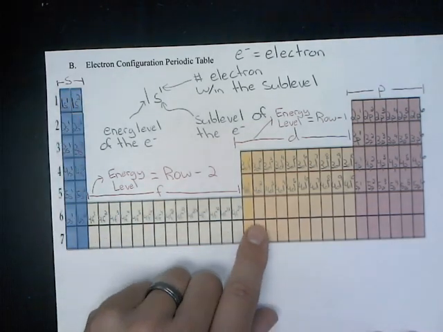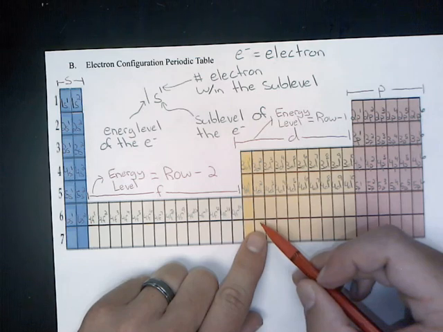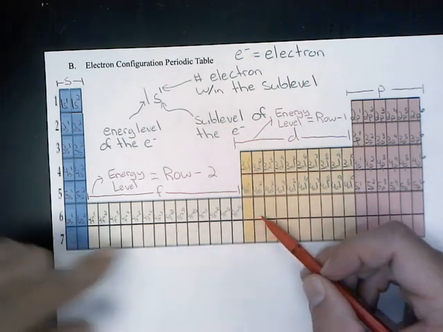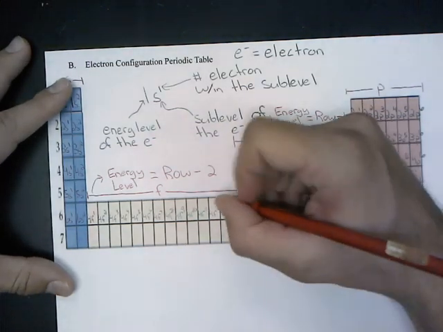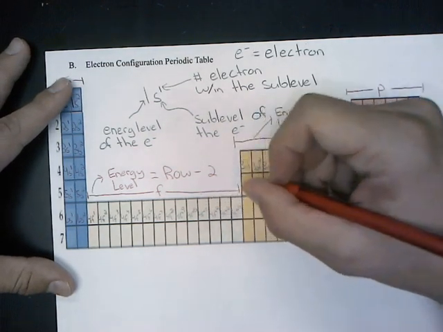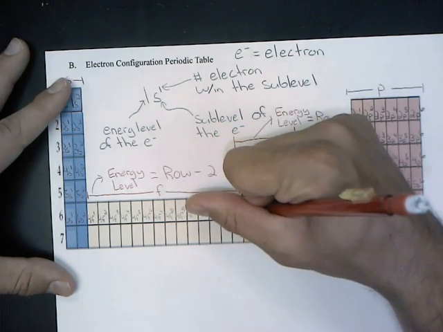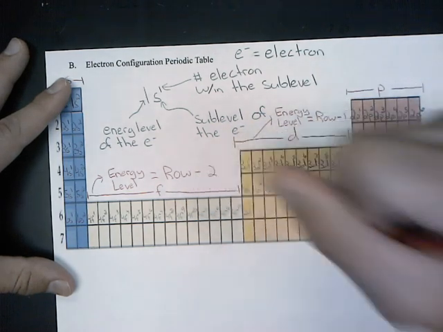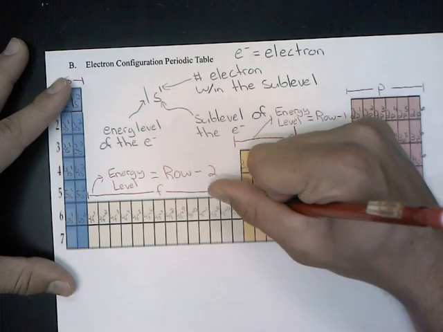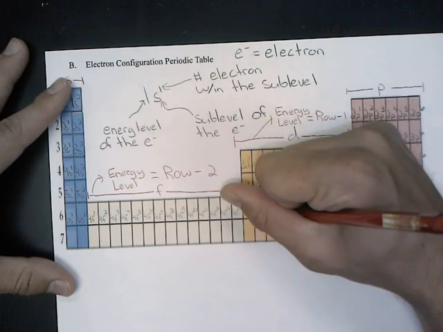Now we get to the d sublevel. For the d sublevel, remember the energy level is row minus 1. We're in row 6, so this box here, which represents our next element, is 5d1, and we do this all the way to 5d10.